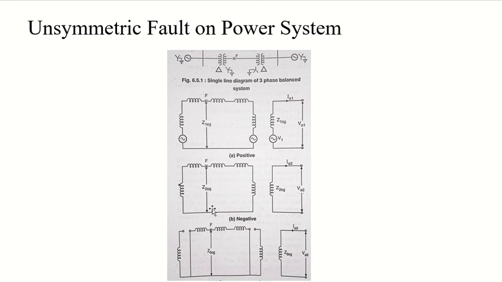The first state is the subtransient state. It will last for a very short time, but the value of the impedance in this state will be too high. Then we have a transient state, which will last a little longer than subtransient but less than steady state, and the third is the steady state, which will be the longest period.